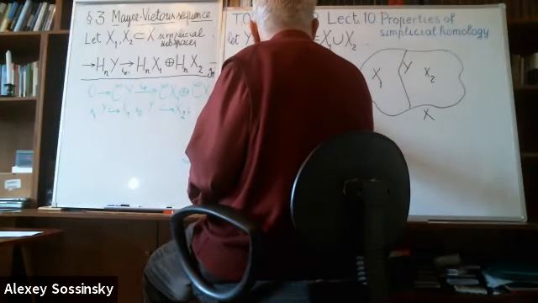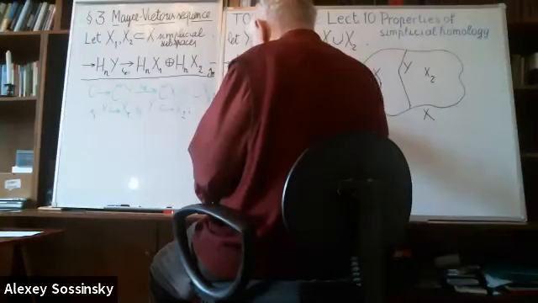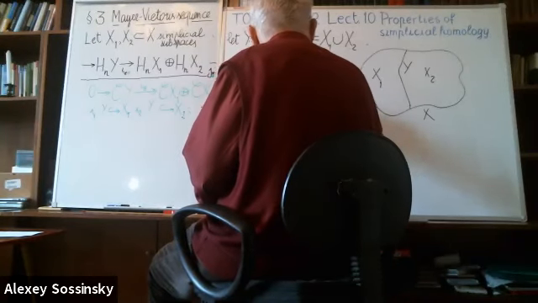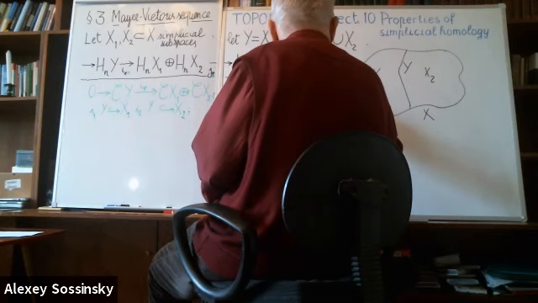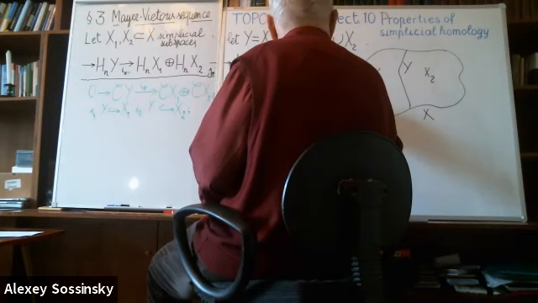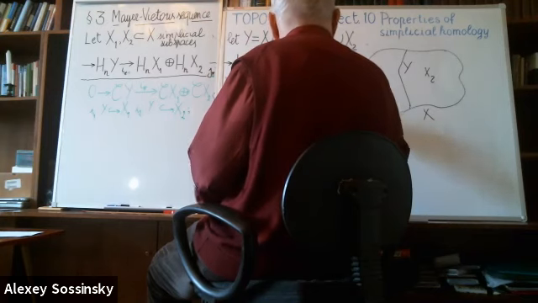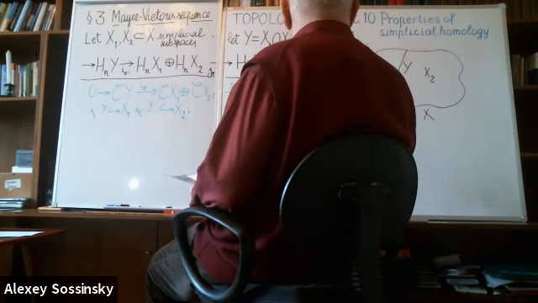It will be I1 star of C minus I2 star of C. Okay.